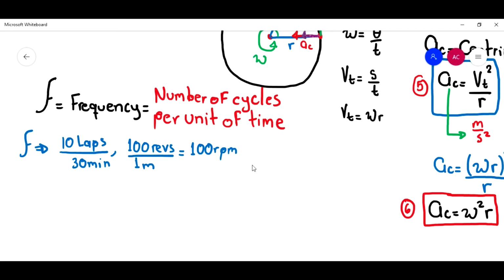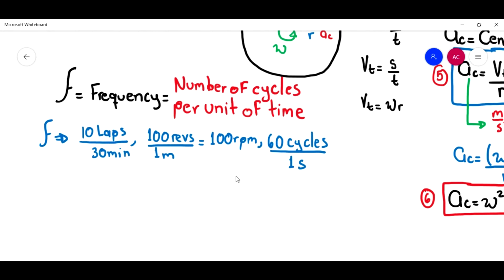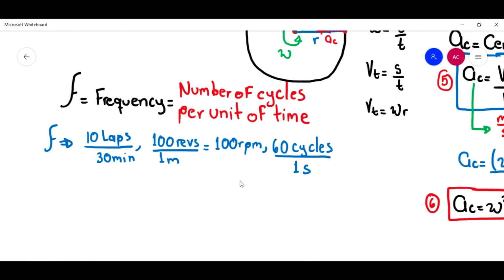So that will be 100 revolutions per minute. Okay, and we also can have 60 cycles in 1 second. Okay, so for example, frequency, if you see, we got minutes, I got seconds, I could have hours and so on.